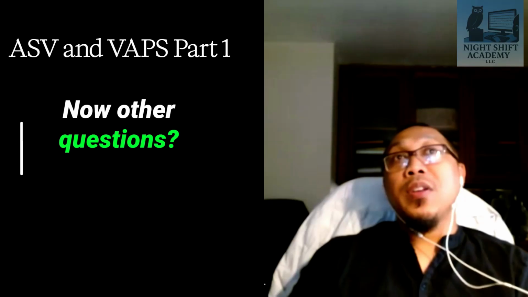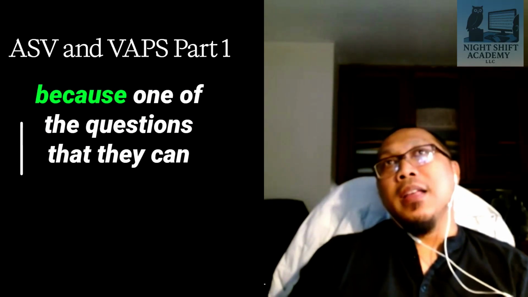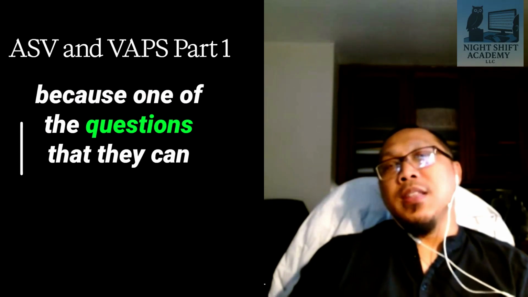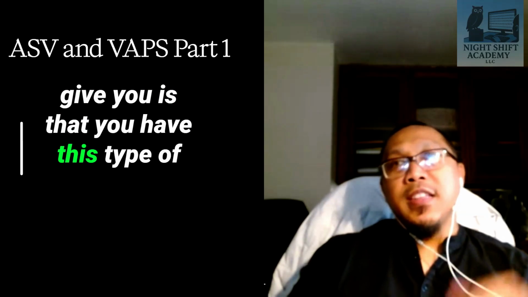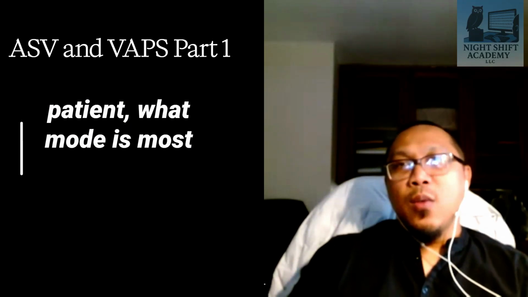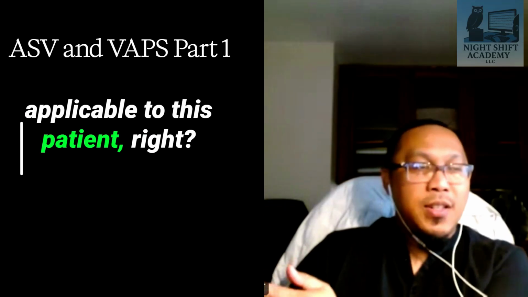Now, other questions. I'm glad you asked that question because one of the questions that they can give you is that you have this type of patient. What mode is most applicable to this patient? Right?